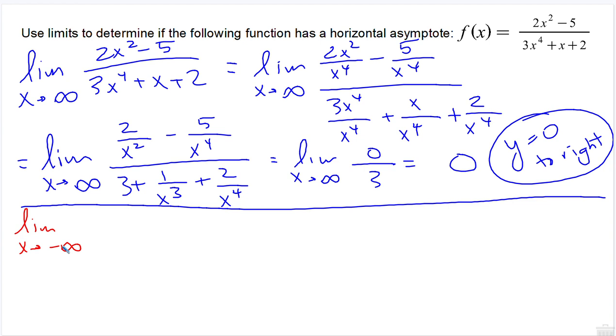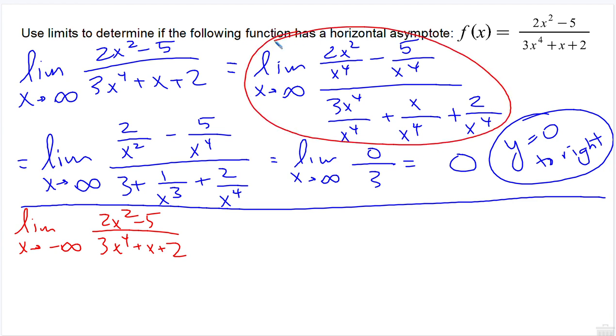So it's going to end up starting off the same. We're going to have 2x squared minus 5, over 3x to the 4th plus x plus 2. And we're going to divide everything again by x to the 4th. I'm going to skip this step in my writing here. I'm just going to go straight here.